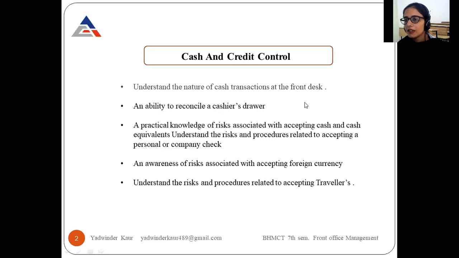These transactions are done by the cashier in cash. So we have to be aware of the risk associated with accepting foreign currencies, and understand the risk and procedures related to accepting travelers checks, right?